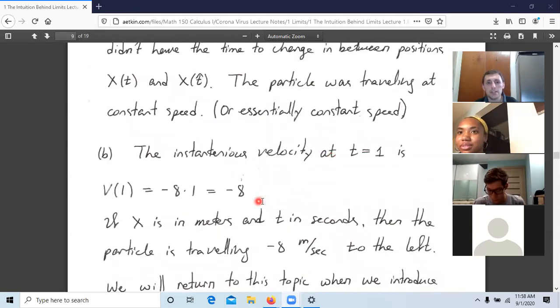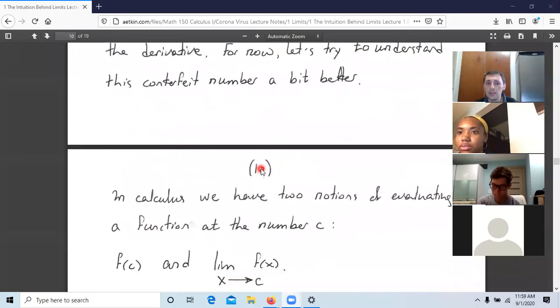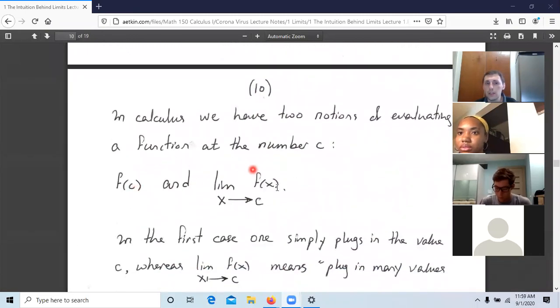So what is this t hat? This t hat is really not one approximation, but a sequence of approximations. It's striving to be t. In striving to be t, we are talking about limits. In calculus we have two notions of evaluating a function: we can evaluate a function at some number c, or we can take the limit as x goes to c of this function.